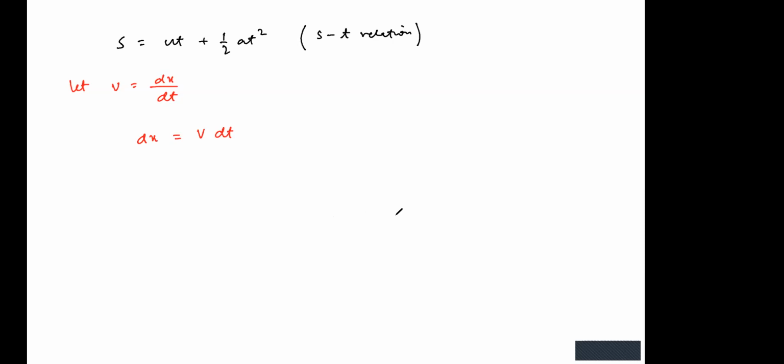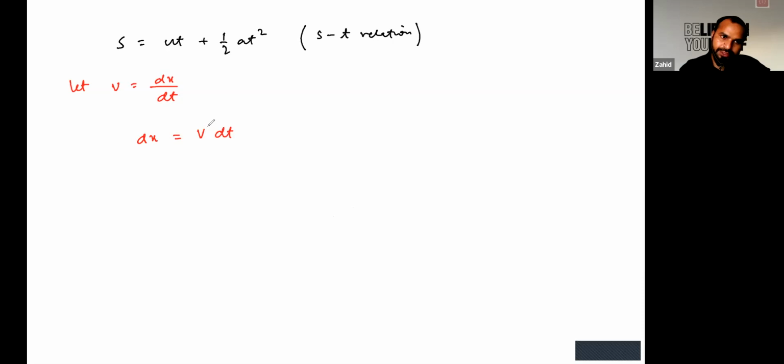Yes, sir. Now we have to substitute the value of v from the first equation of motion, as we have v is equals to u plus a times t. Why have I substituted this value? Because in this expression there is no term regarding v, so we have to substitute v in terms of this part.